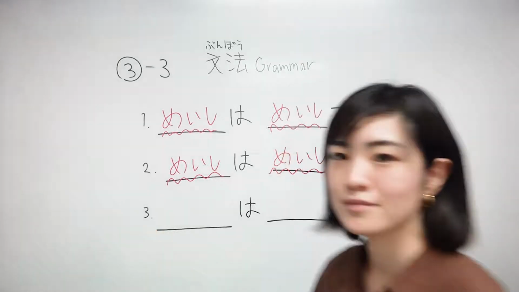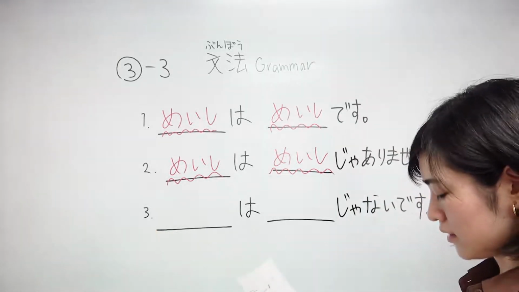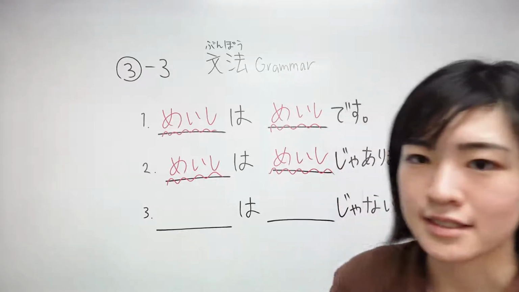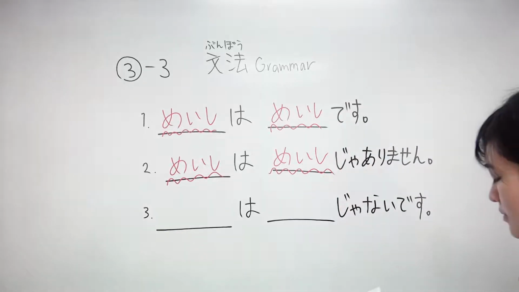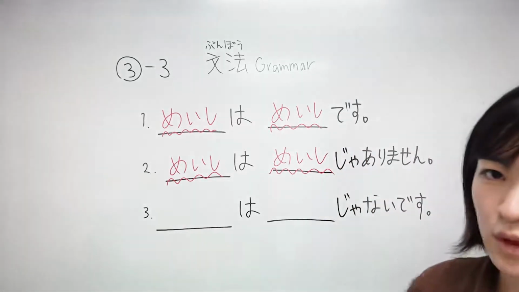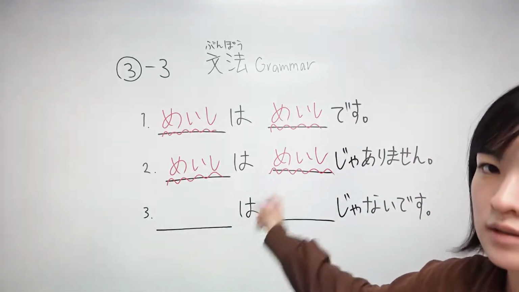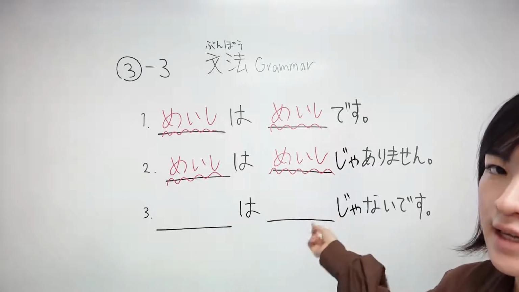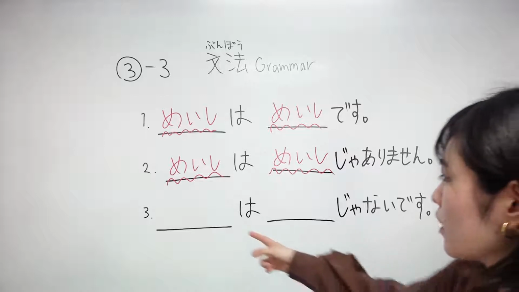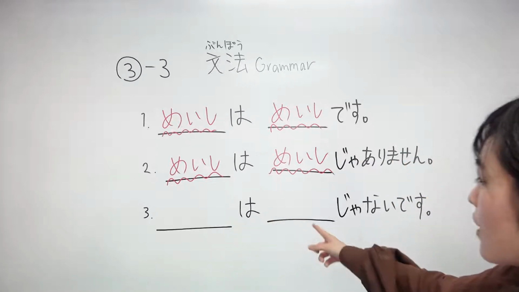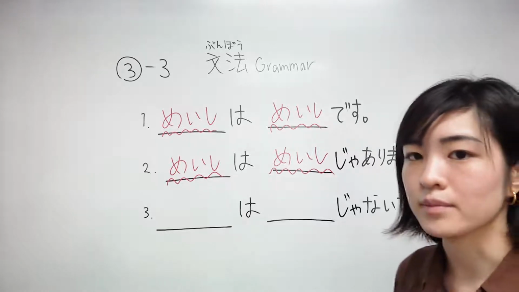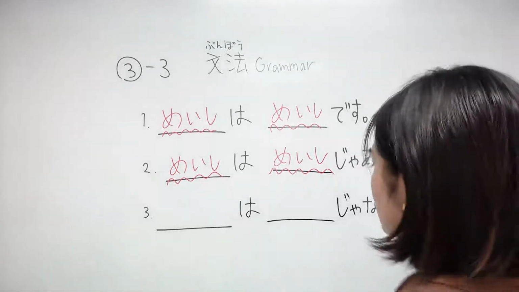Number 3. I think you can guess from now on. Let's look at an example. 私は学生じゃないです. I am not a student.